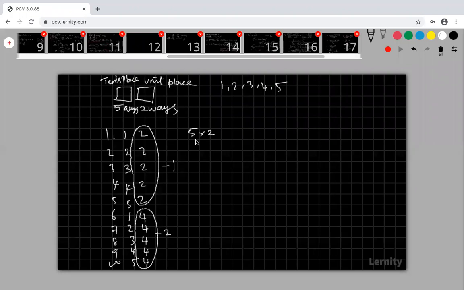This is called the counting principle. My unit place is filled in two ways, my tens place is filled in five ways. So totally 5 into 2, that is 10 ways. What is the counting principle? That is the fundamental counting principle.